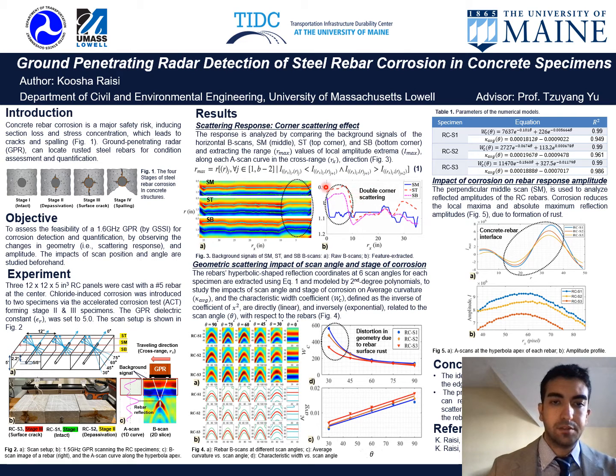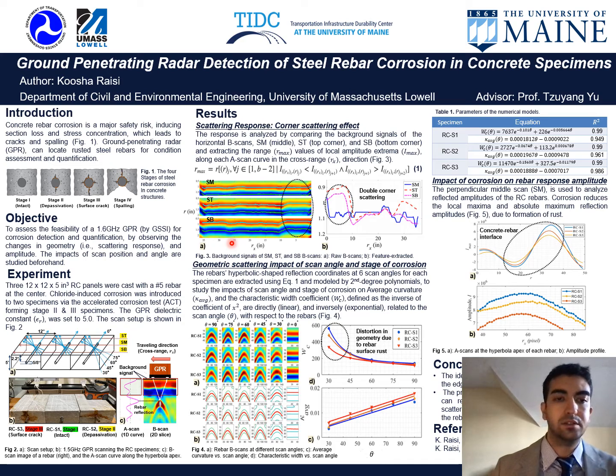We have the effect of double corner scattering here after modeling this pattern, because in the middle we only have one scattering, which is this one. Also here, one corner scattering, but we have double corner scattering for the top and bottom scans. So it is determined that the scan that is farthest away from the edges is mostly ideal.